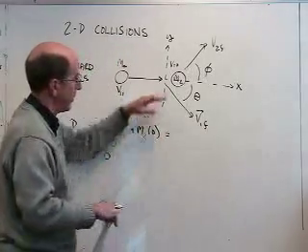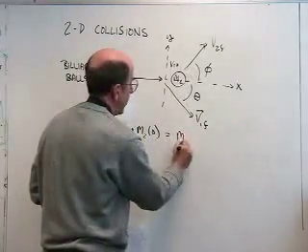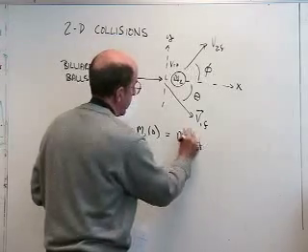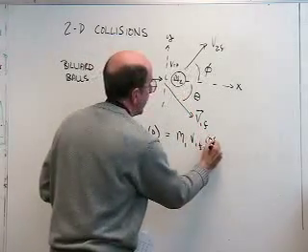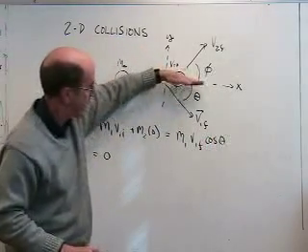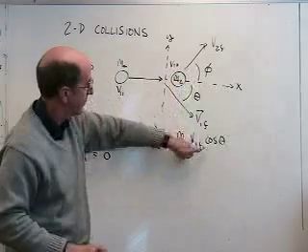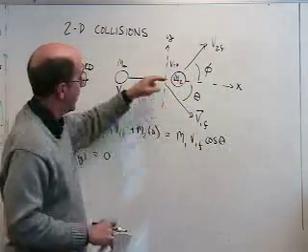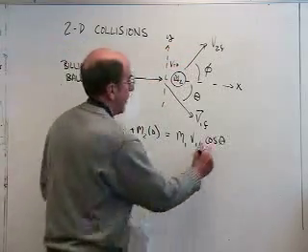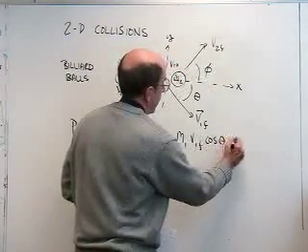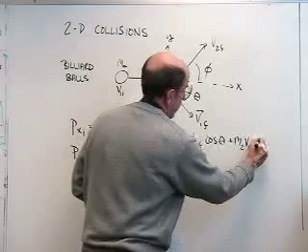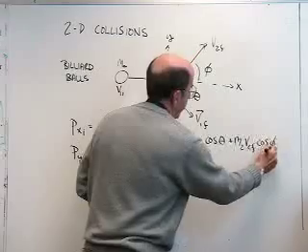So the component in the x direction is going to be m1 times v1 final times the cosine of theta. There's the angle, there's the adjacent side, so the x component is going to be the cosine of this angle. And similarly for the other mass, the x component of its momentum is going to be m2 times v2 final times the cosine of phi.